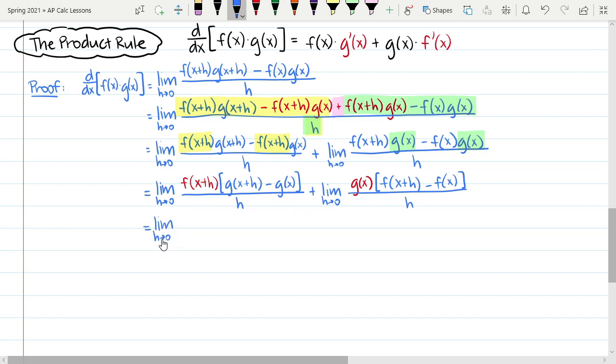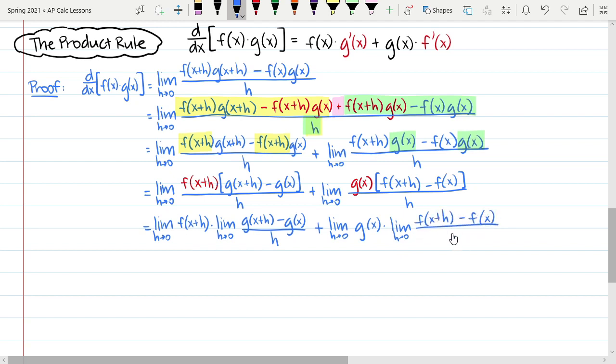So I have the limit as h approaches 0 of f of x plus h times the limit as h approaches 0 of g of x plus h minus g of x over h, plus the limit as h approaches 0 of g of x times the limit as h approaches 0 of f of x plus h minus f of x all over h. Now, look at these limits that I have.